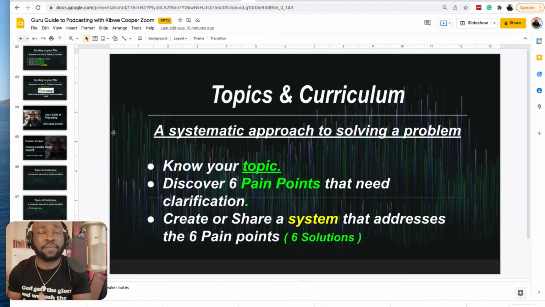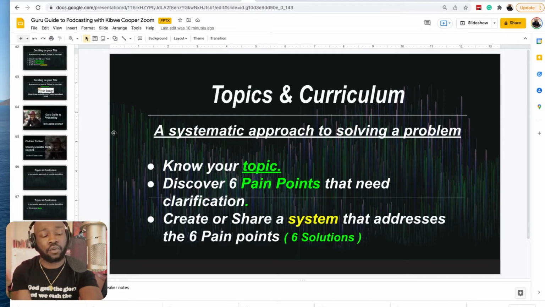Maybe you have a system that you're working with already, but you really haven't jotted it down. Now is the time to sit down and write down what your system is, right? In 6 steps or 7 steps, based off of solving the pain points that you've already identified in your industry.